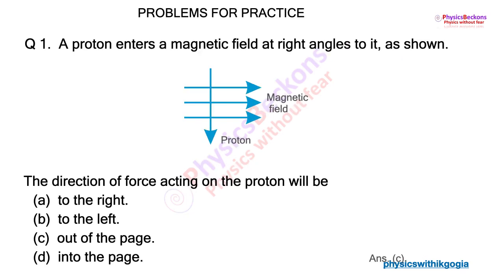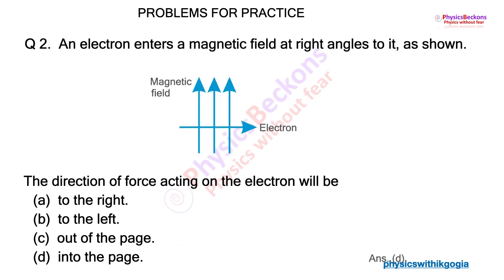Now here is a problem for practice. You have a proton replacing the electron. Here the proton, being a positively charged particle, the direction of current will be the same as the direction in which the proton is moving. You can find the direction of force on the proton due to the magnetic field.